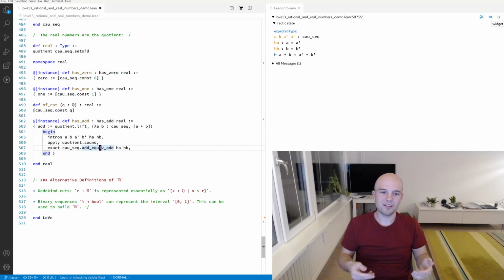So you need to define a different description of this kind of set, which only talks about rational numbers. This is not hard. And then these sets are called Dedekind cuts. So you define a subtype, the subtype of Dedekind cuts, and then you get the real numbers without a quotient construction.